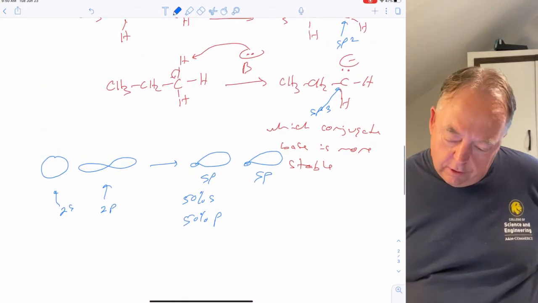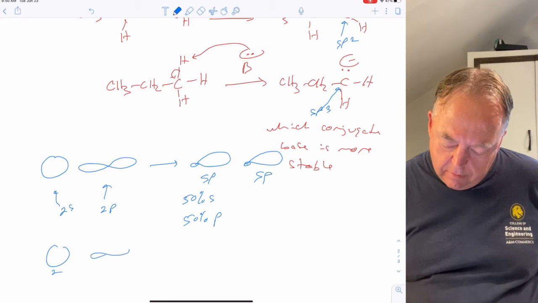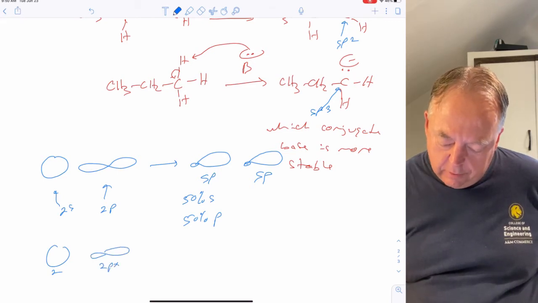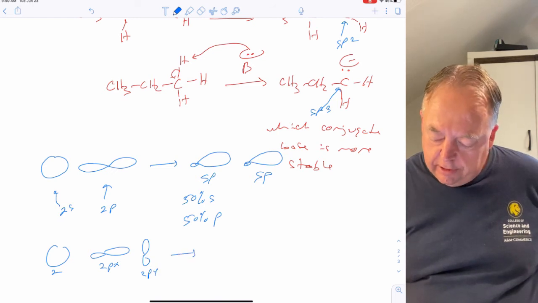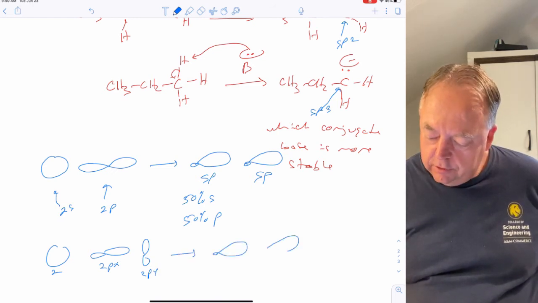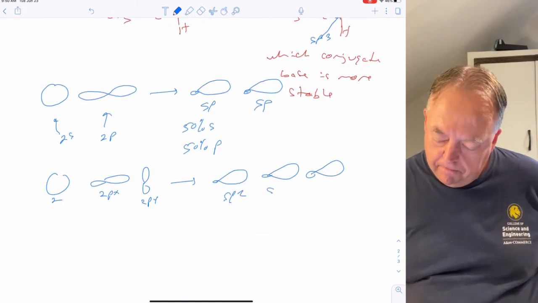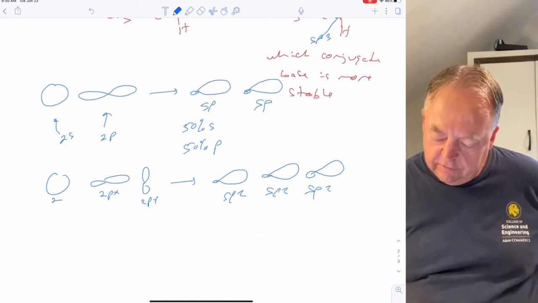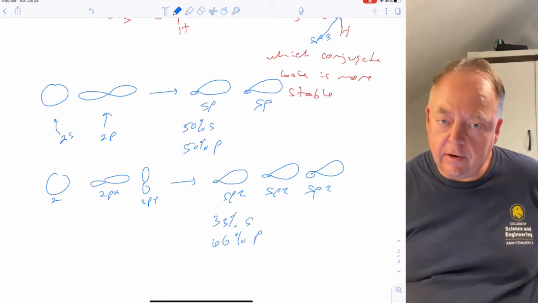Whereas in sp2, you took the 2s and a 2px, for example, and 2py, and then you created three sp2 hybrids. So each of these has 33% s character and around 66% p character.